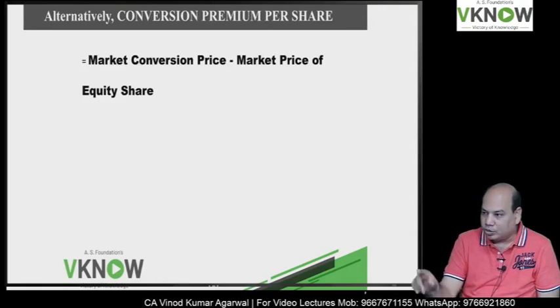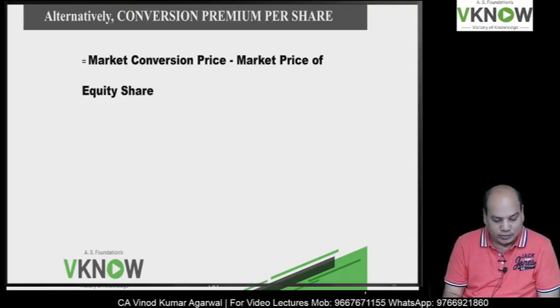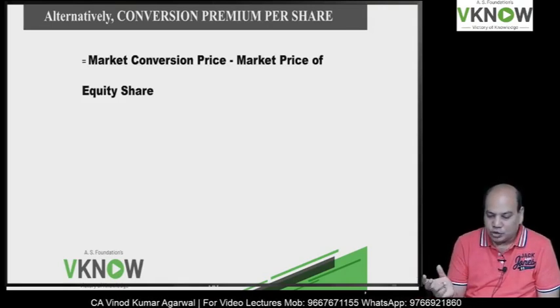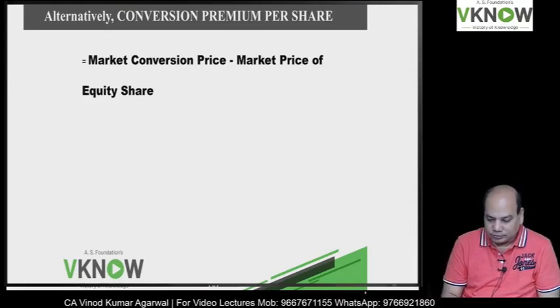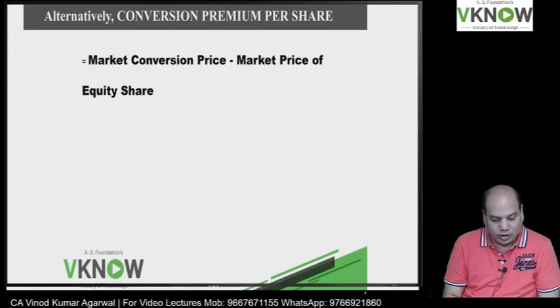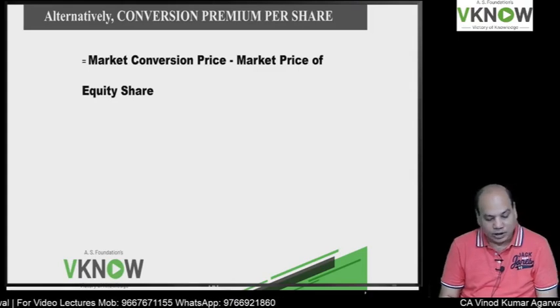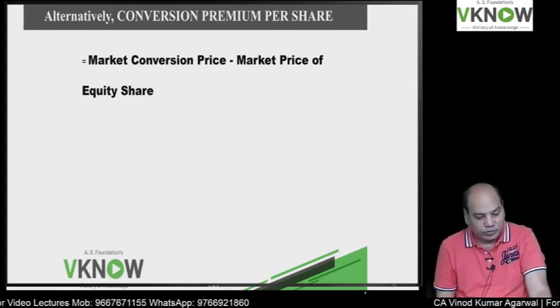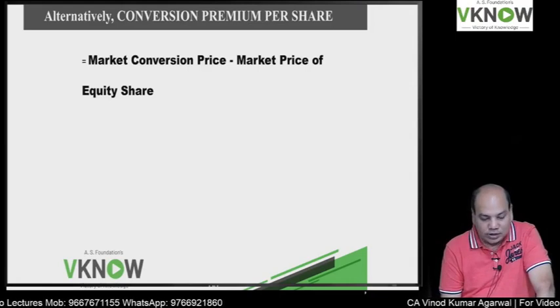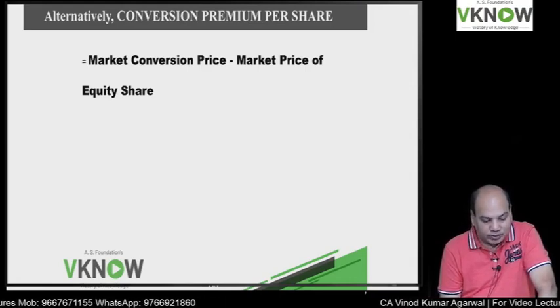You can solve it by one more formula. Write down alternatively. I will give you both, then whichever one you are comfortable, you can follow it. Conversion premium per share is equal to market conversion price minus market price of equity share.